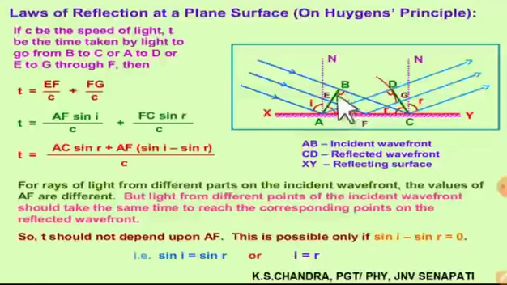If you take this point E somewhere, F will be here, that means AF will be longer. If you consider E somewhere here, then F will be somewhere here, so AF will be shorter, right? So it should not depend on this AF. It will have different values of AF, but light from different points on the incident wavefront should take the same time to reach the corresponding point on the reflected wavefront.